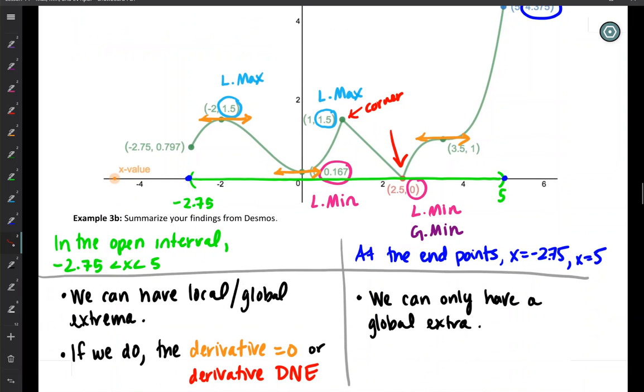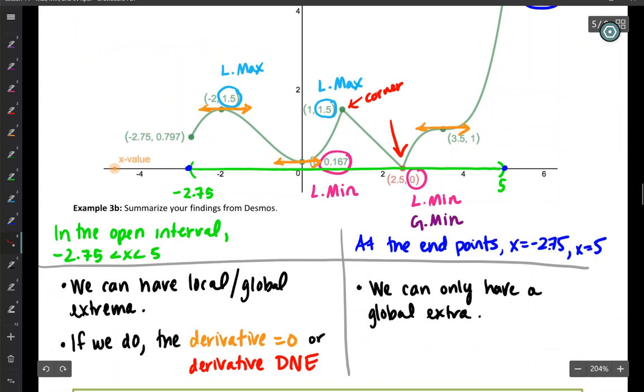So what did we learn? We learned that in the interval, we could have local or global extrema. If we do have them, the derivative's either going to be 0 or it's going to be undefined. But just because it's 0 or undefined doesn't necessarily mean you have a local or a global extrema.